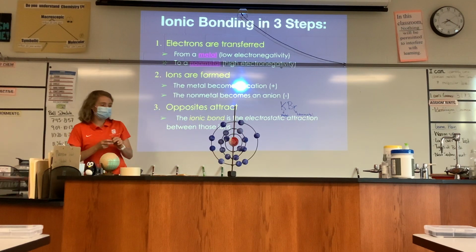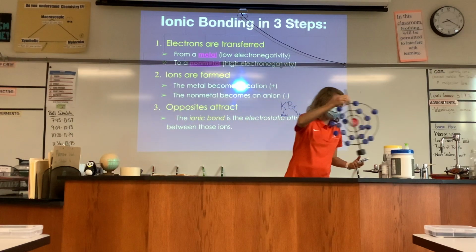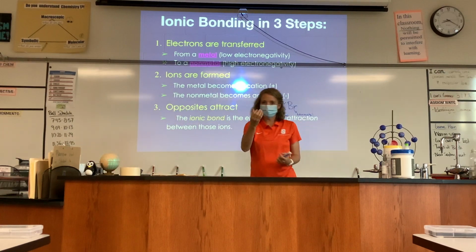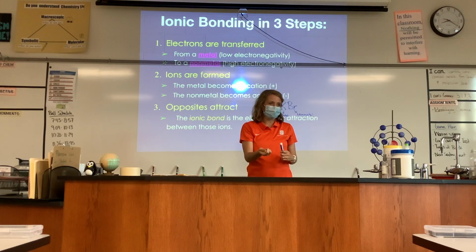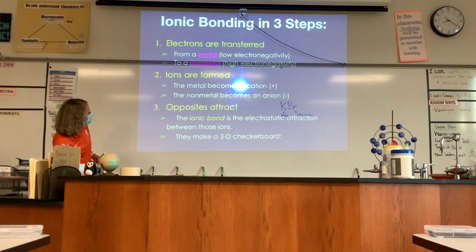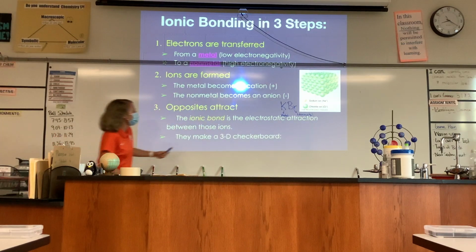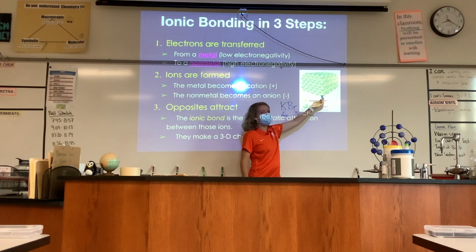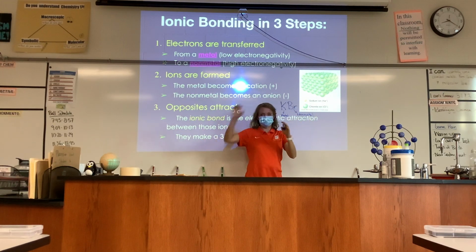Okay? Now what's cool is if you think once again as these things are little magnets, think of a grain of salt. A grain of salt isn't like one Na and one Cl. It's like zillions of them. And what they do is all those little magnets line up into this really cool crystalline structure, where you have a bunch of positive, negative, positive, negative, positive, negative in 3D space.